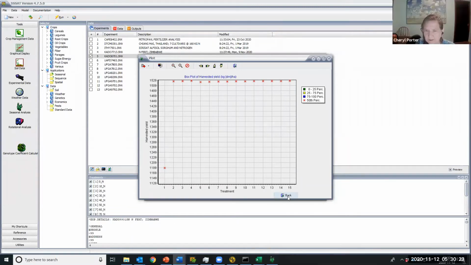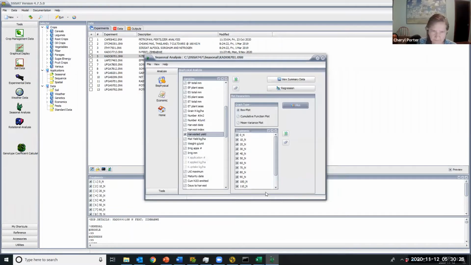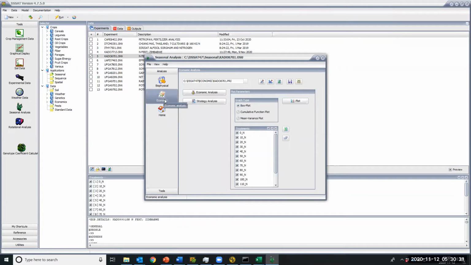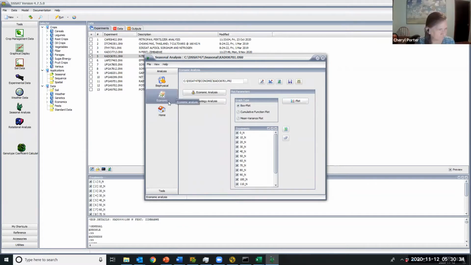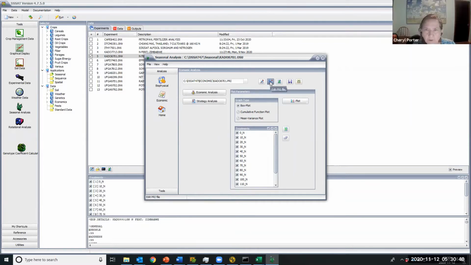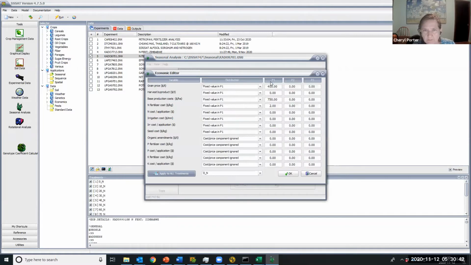Okay, let's go back and look at the economics for this single season run. Okay, so I've clicked on economics. And I first want to go and edit the price file.